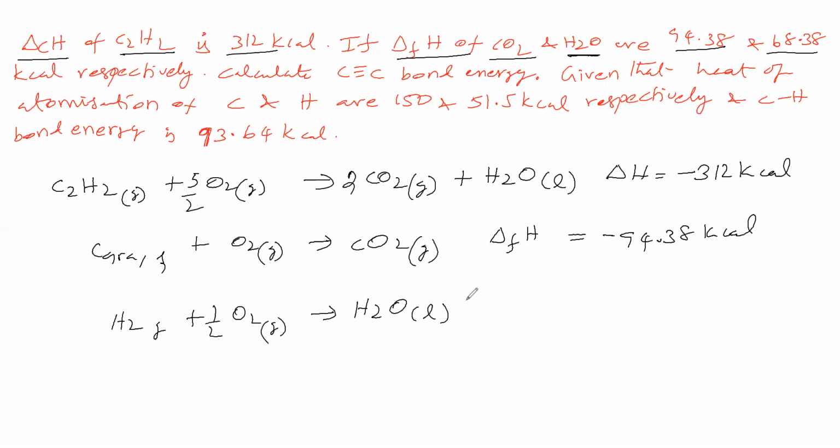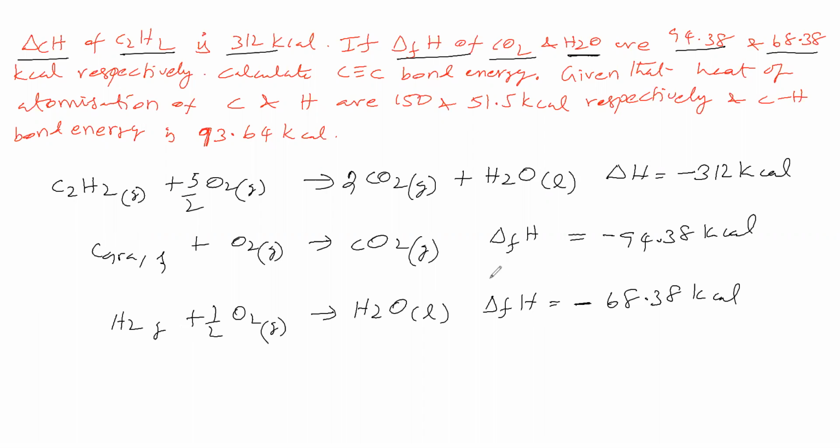I have balanced this one. It is called the enthalpy of formation of water, given as 68.38 kilocalories. It is also combustion: hydrogen combines with oxygen to give water, so hydrogen is undergoing combustion, which means exothermic. Therefore, write minus here.